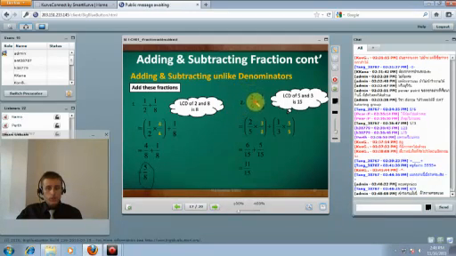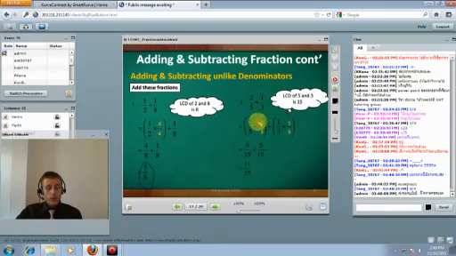Now number 2. 2 over 5 plus 1 over 3. 5 cannot be divided by 3 and 3 cannot be divided by 5. So we have to find a least common denominator. We know that 5 times 3 equals 15 and 3 times 5 equals 15. So our least common denominator is 15.